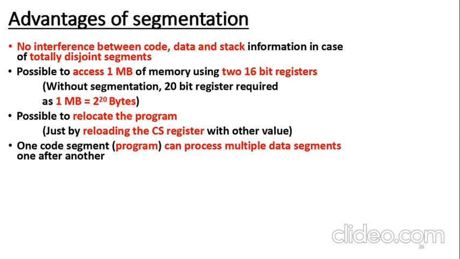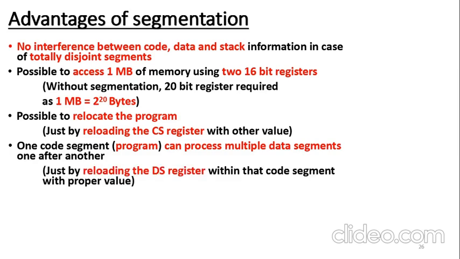Then the fourth advantage here: one code segment program can process multiple data segments, one after another. This is possible just by reloading the data segment register within that particular code segment with a proper value. It means that there is a single code segment but multiple data segments present within memory, and we can process those data segments one by one just by changing the DS register contents.